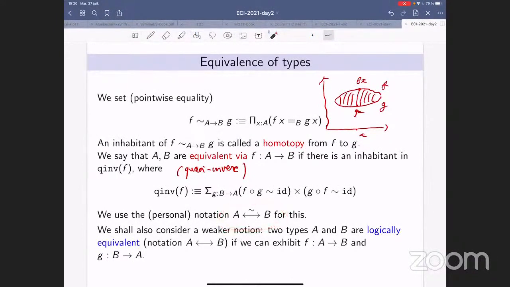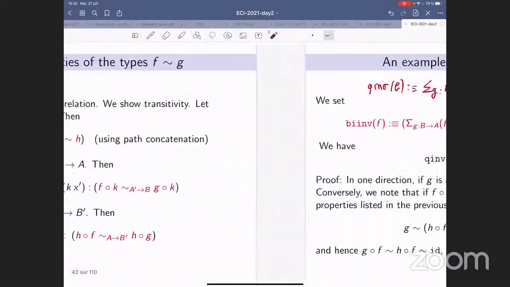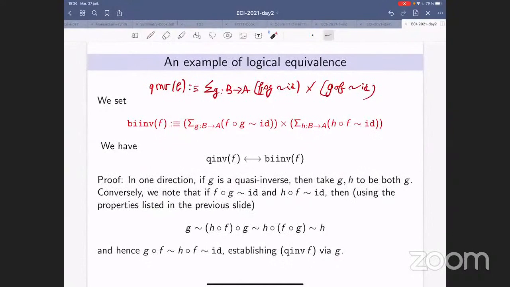I will not prove it because the proof is tricky, but we will see later that one happens to be a proposition and the other happens not to be a proposition, but I didn't tell you what a proposition is, so it comes next.